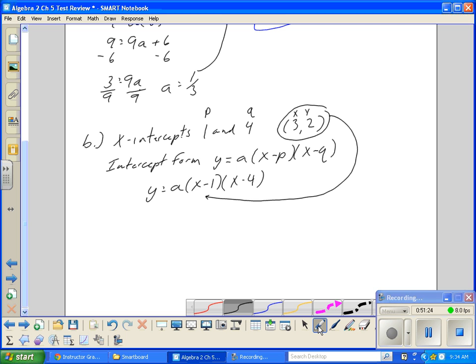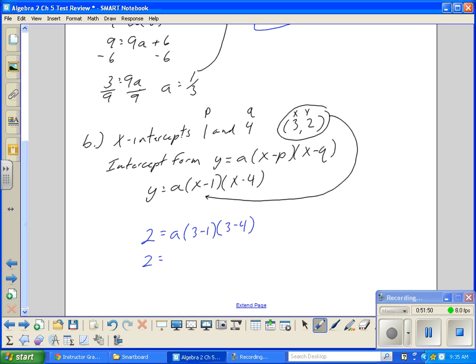So when we do that, our y is, no, not 3, y is 2. And then equals, I'm messing this up left and right. So 2 equals a times x minus 1, the x is 3, so 3 minus 1, times x minus 4, so 3 minus 4.